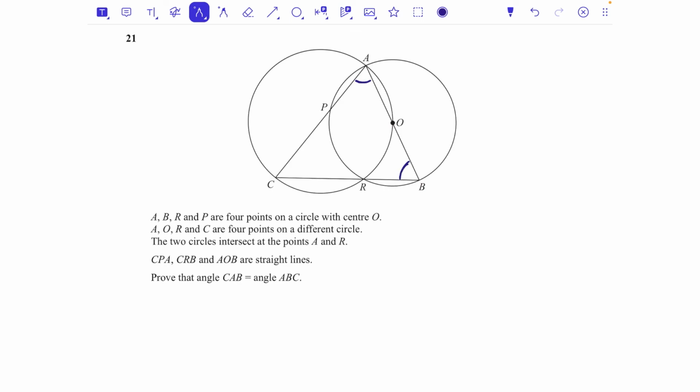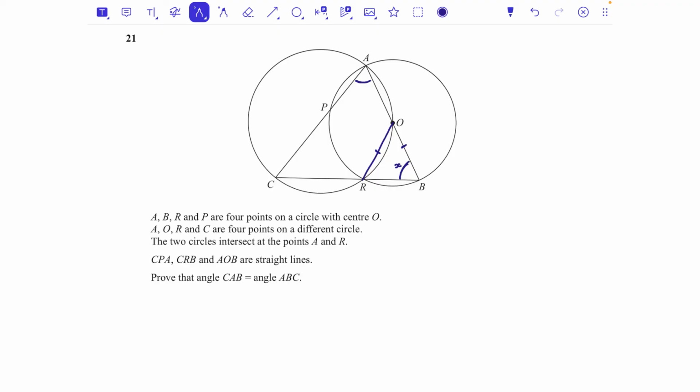Well, firstly, let's call this one X. Then if I take a line from here down to here, this is the radius of the circle on the right, and this is also the radius of the circle on the right.